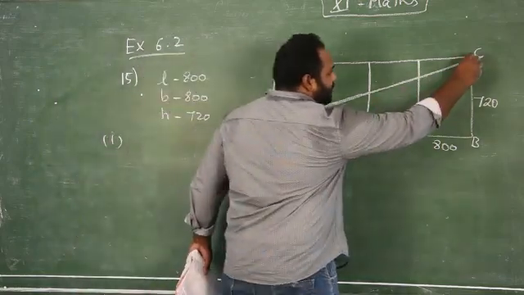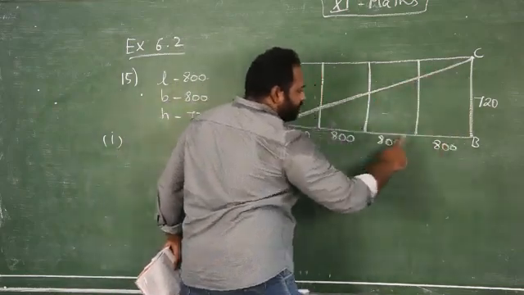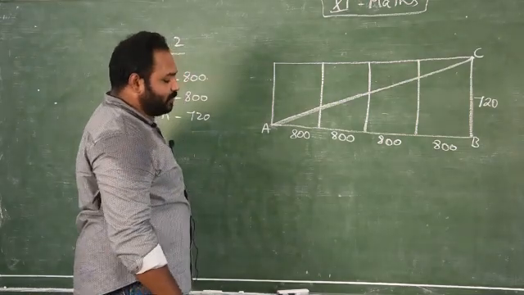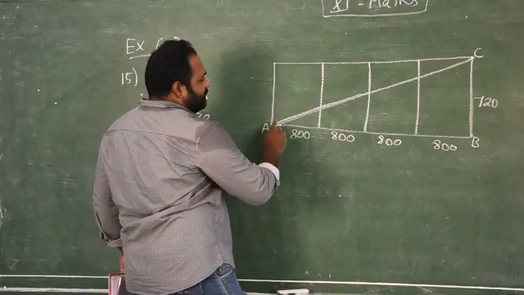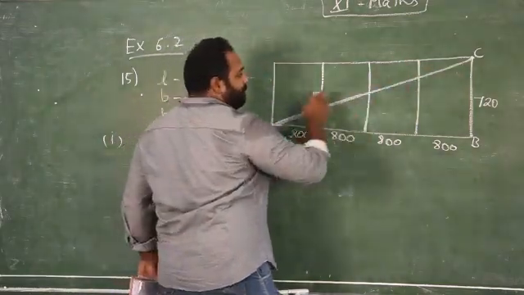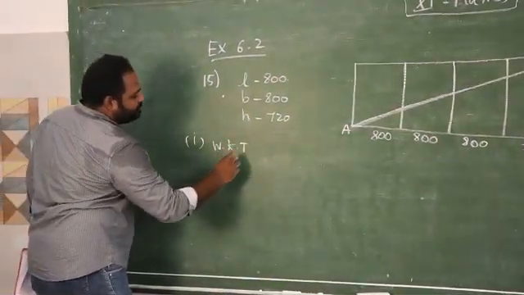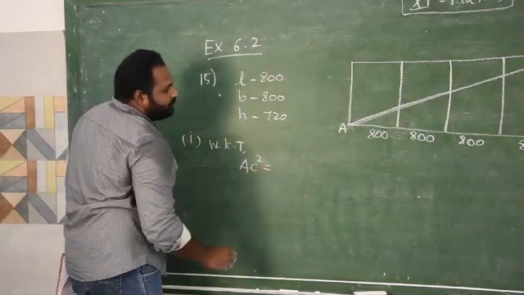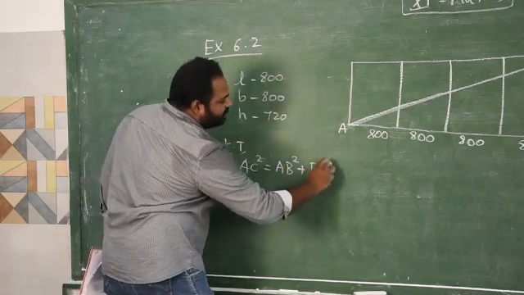If you see this diagram, it looks like a right angle triangle, no? Here I am going to use the Pythagoras theorem to find this side, I mean this hypotenuse. Here we know that AC square equals, by the Pythagoras theorem, AB square plus BC square.